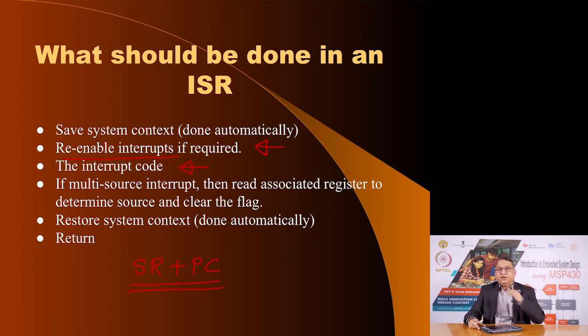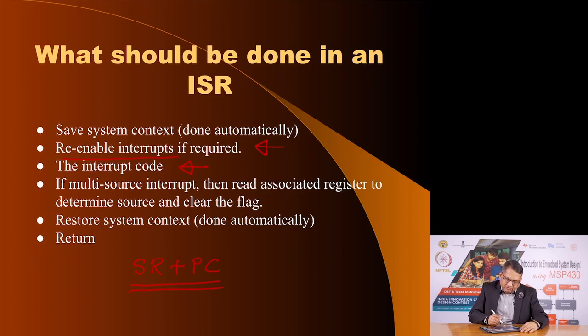Now, if the source of an interrupt had multiple sources, it is your responsibility, that is the responsibility of the program, to reset the flag, so that subsequent setting of the flag will generate another interrupt.